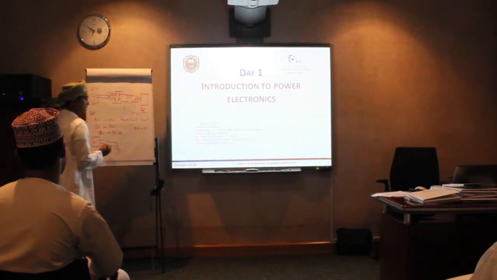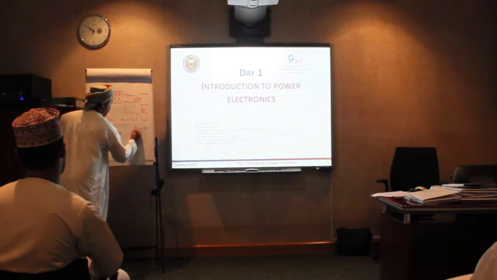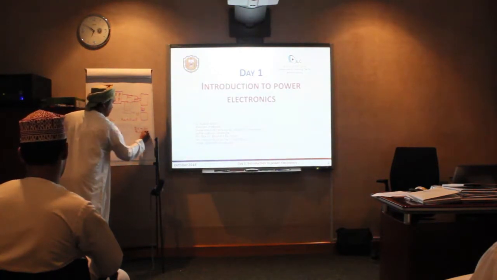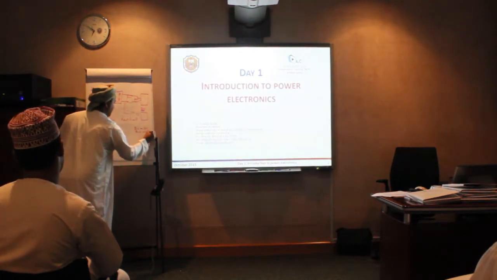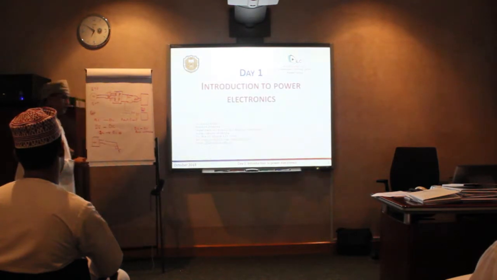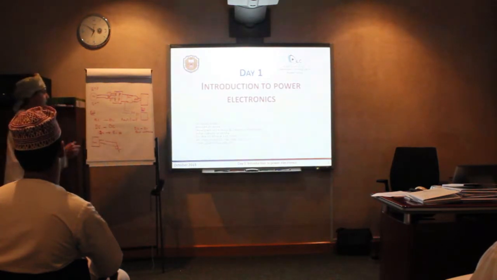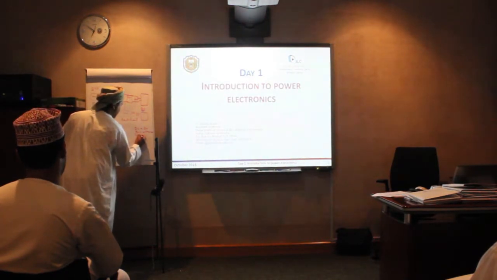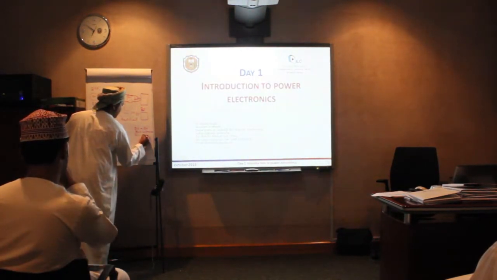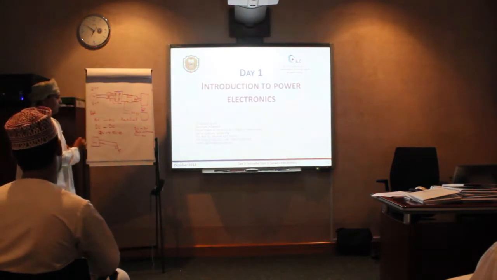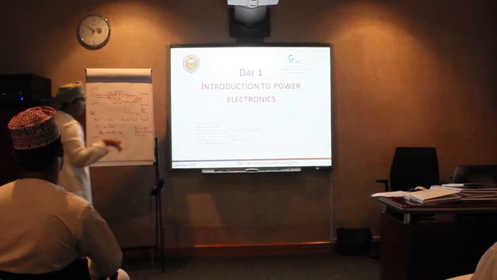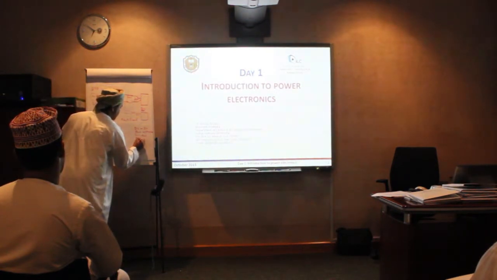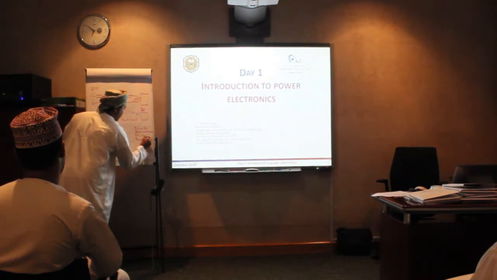chopper is important, so it can operate like buck, which steps down the voltage. Some circuit called a buck circuit can step down the voltage. There is another circuit known as buck boost, which can step it down and step up. In addition, there is another circuit which is the boost circuit.